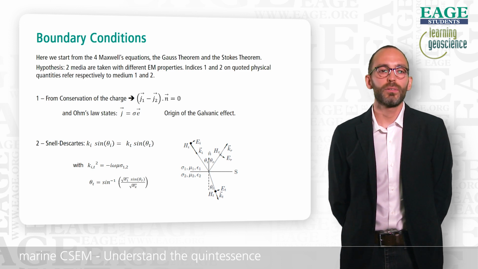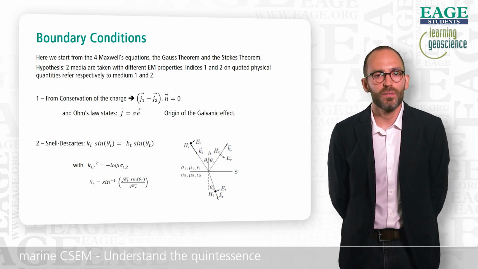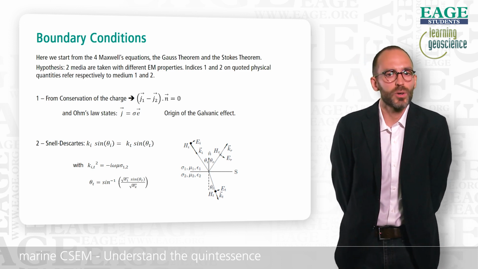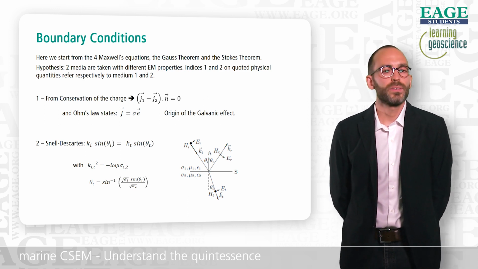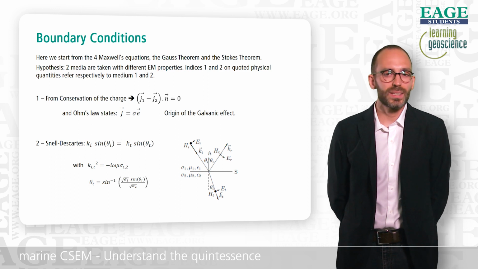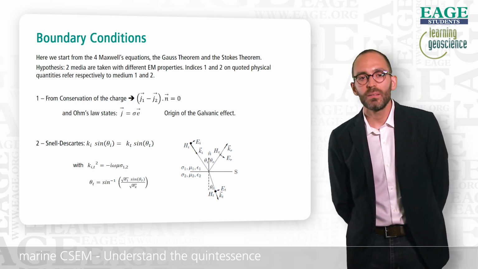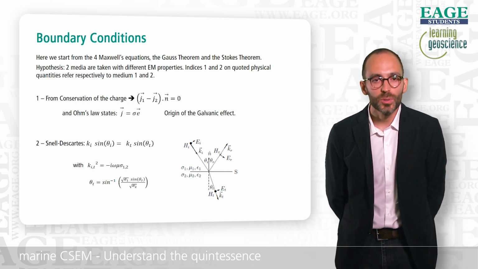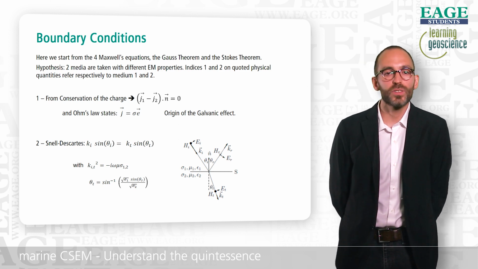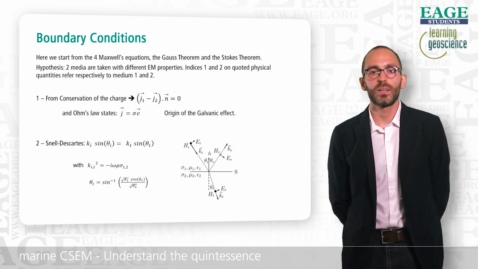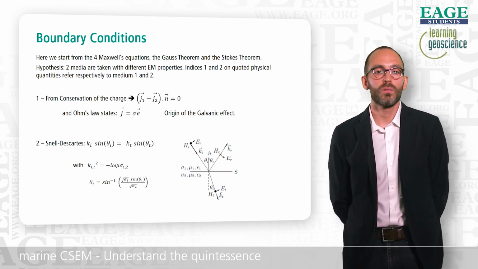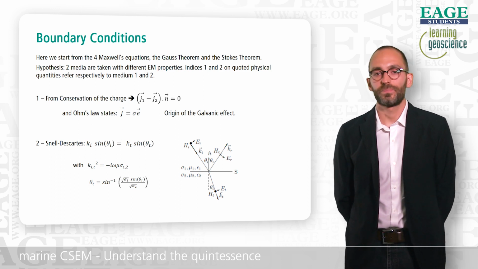But now we could ask the question, what shall favor vertical instead of horizontal currents to get that phenomenon at two layers interface? And that is exactly what is explained by the point 2. So point 2, if you use the boundary conditions and use of Maxwell's equations, it lets us demonstrate the Snell-Descartes law for EM waves.